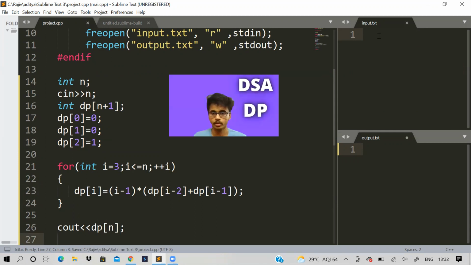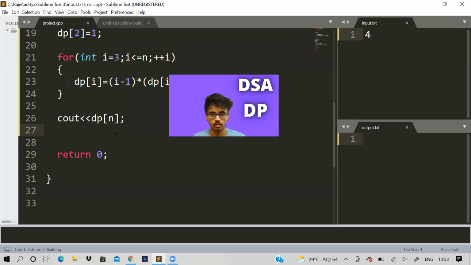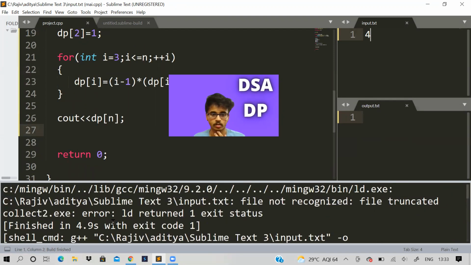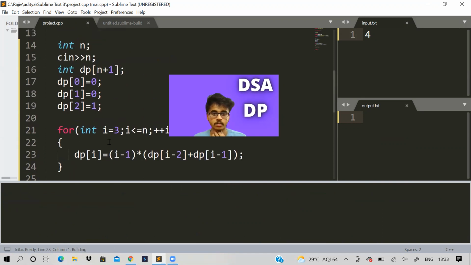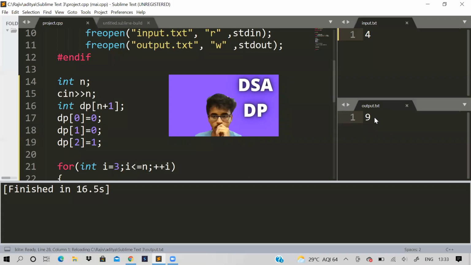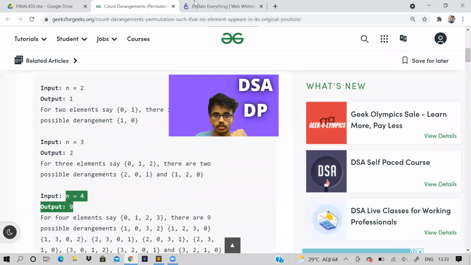So if I give input as suppose 4, you can see that if the input is 4, the answer is 9, which matches with our GFG answer also.